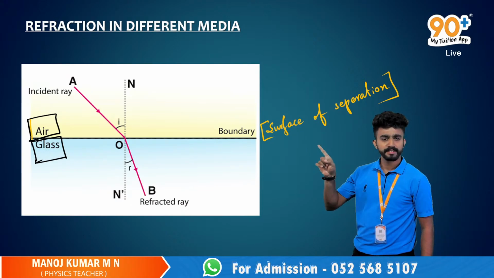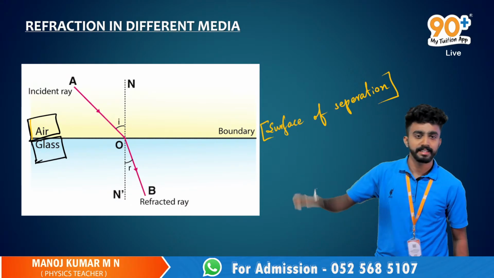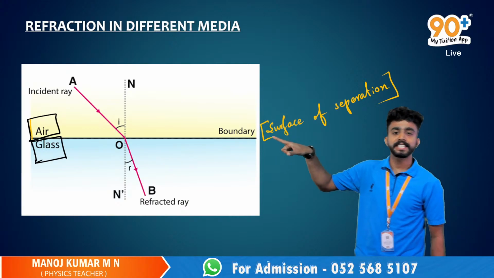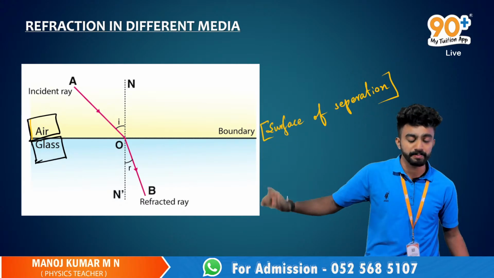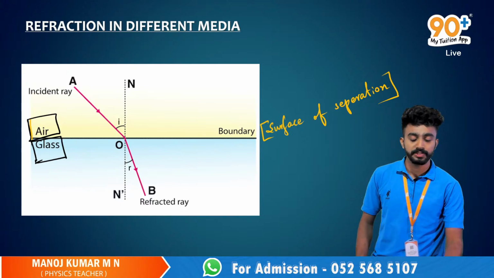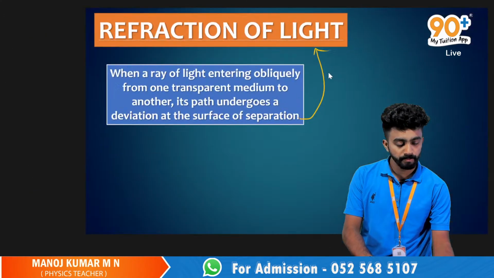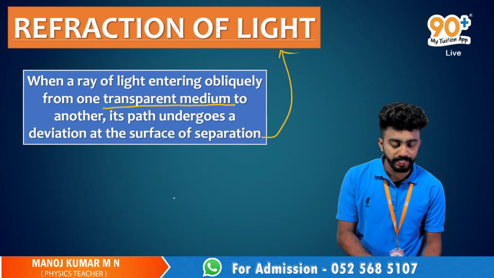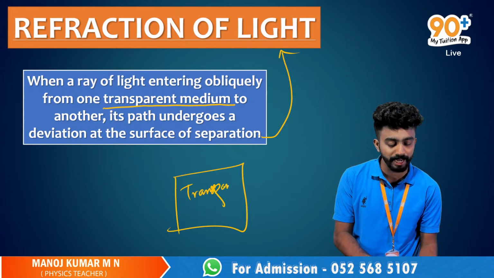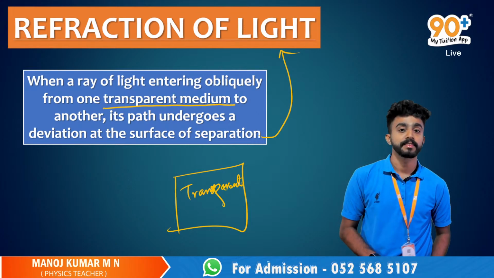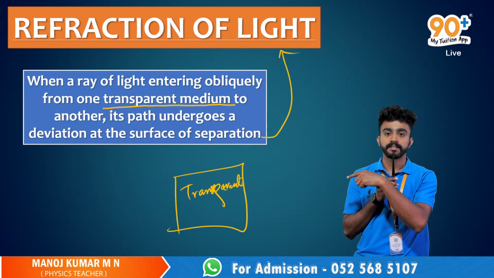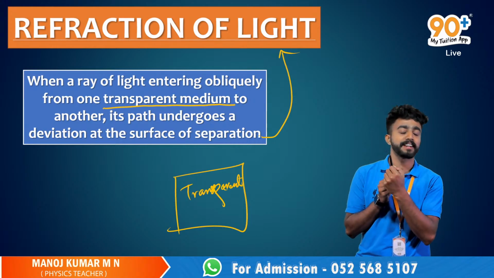Refraction and reflection happen at the same time, right? Where? In such cases, the light rays are not reflecting, they are actually refracting, because we are considering a transparent medium. In the case of a transparent medium, will reflection happen or will the light pass through it? Transparent means the light will pass through it, right? So is it possible to have reflection there?